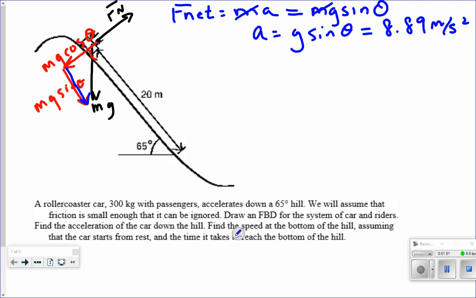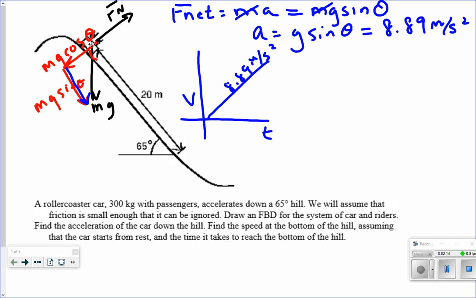Second question. What time does it take to reach the bottom of the hill? We're going back to kinematics here, so we're going to work with a VT graph. We know this is starting from rest according to our question. The 8.89 is the key piece that we need for the velocity time graph. It's our acceleration, it's our slope of the line.